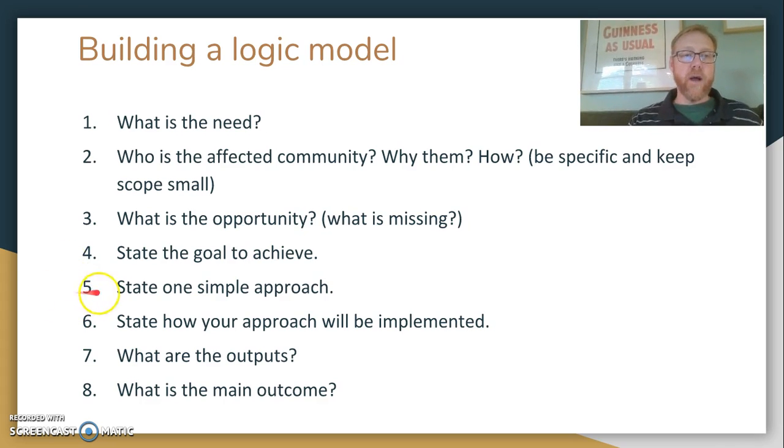You need to state one simple approach. What is it that you're going to do that will address this need? In other words, this what's missing part should be this one simple approach. Now, granted, sometimes you can have a larger scope for a grant or a fundraising request that encompasses many different pillars or issues related to the overall need.